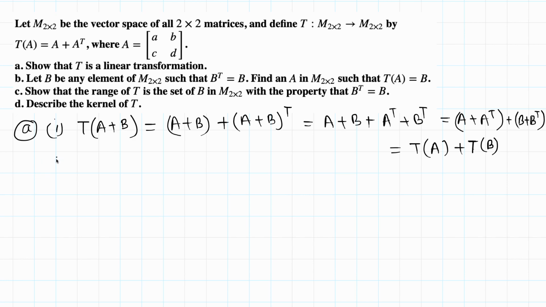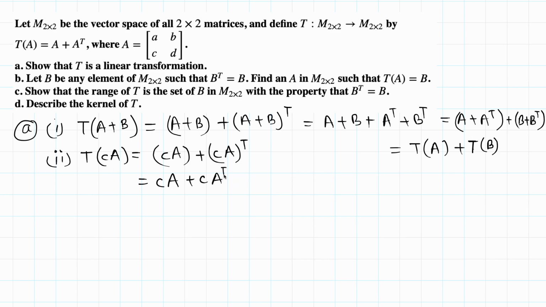And next we need to show for all A and for all constants C, T of C times A equals, now T of input is from this definition input plus input transpose, but this C is a constant, so it just pulls outside, and C A transpose is just C times A transpose.